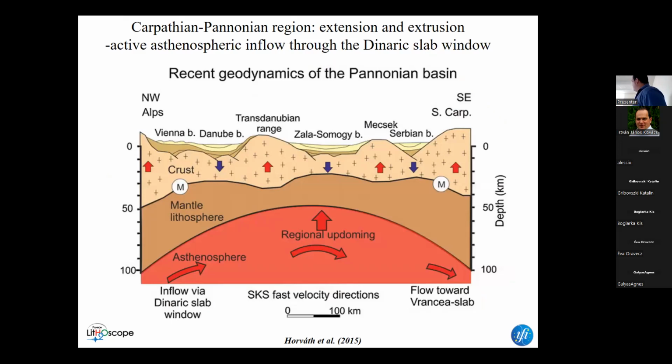After that, Frank moved on a little, and later on with Pătruț, a little more than a decade ago, he came up with another model, saying that we have an inflow of asthenospheric material through the dynamic slab. And this comes into the Carpathian embayment and then moves towards the rolling back slab.